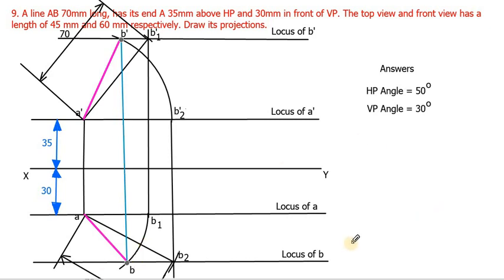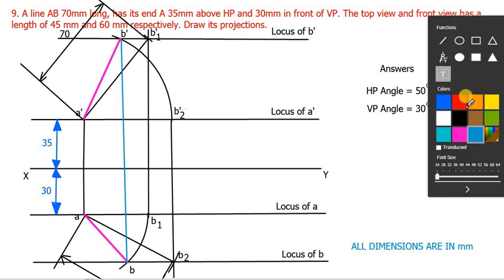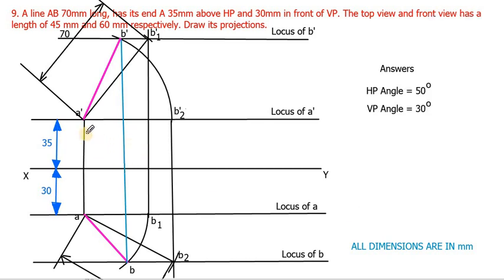That's all. So you can write here as all dimensions are in mm. Then one more dimension I have missed, that you can draw that also. So that is front view and top view length. So we have taken the front view length, that is 60. So that can be marked here.